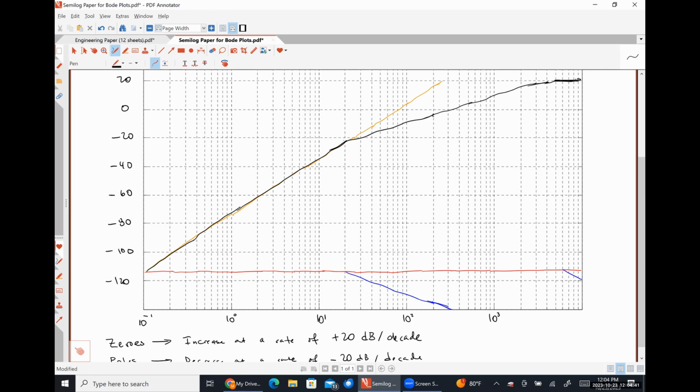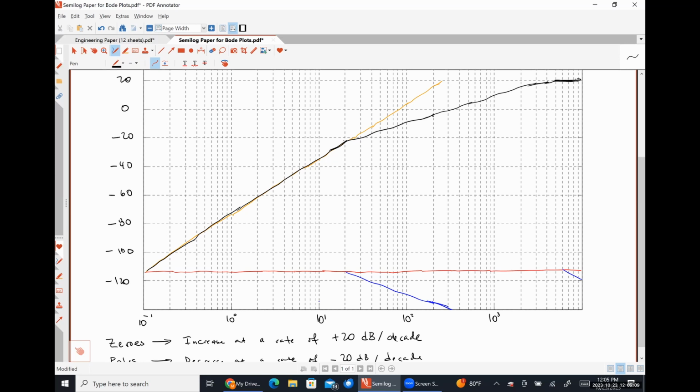How am I doing what? So I'm starting at as close to 0 as I can get, increasing at a rate of 40 decibels per decade because of 2 zeros at S is equal to 0. At this point where I hit 20 is where I hit my first pole. So that means my rate of increase has dropped from 40 decibels per decade to 20 decibels per decade.